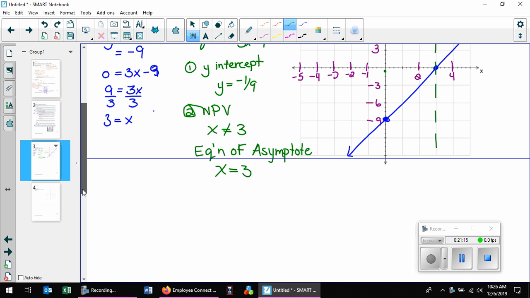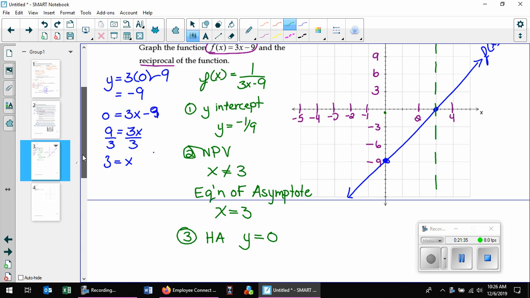And where is our horizontal asymptote? That would be step 3. It's a constant. It was the one where you didn't have to make a choice. It's always going to be this for this year, because our numerator is always going to be a smaller degree.